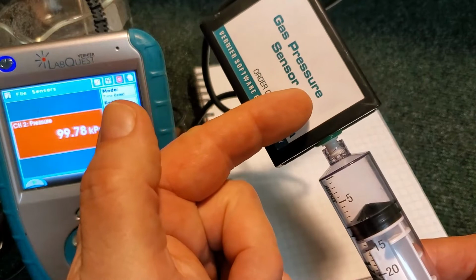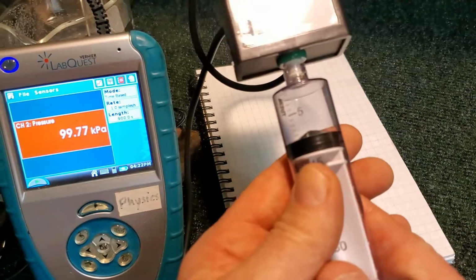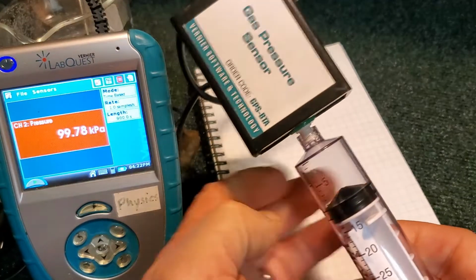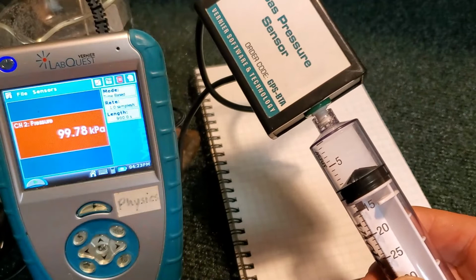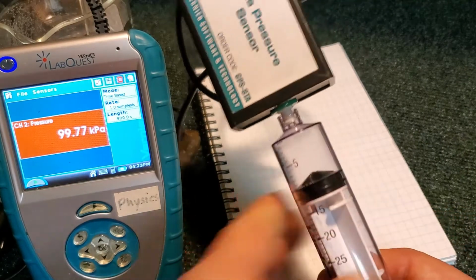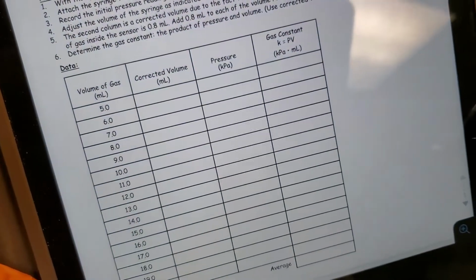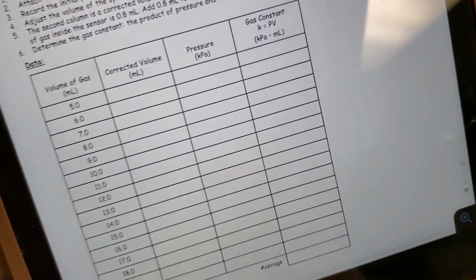Inside of here it has 0.8 milliliters of air. So if I have this set to 10 milliliters, then it's really 10.8 milliliters. So by corrected volume, that's what we mean. You just have to take the volume in the first column and add to it 0.8. So the second column is just 5.8, 6.8, 7.8.